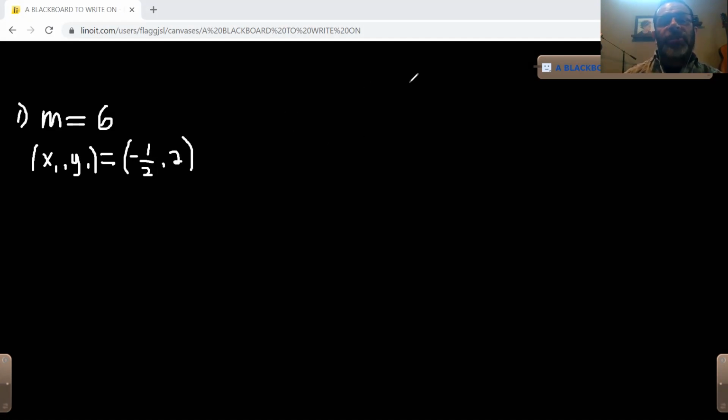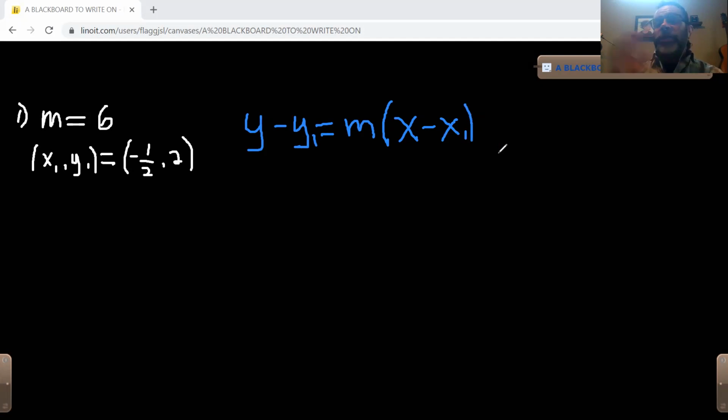How do we find that? Well, we've got an expression that says that y minus y1 equals m multiplied by x minus x1. You can always use this expression to find the mathematical expression of a line.